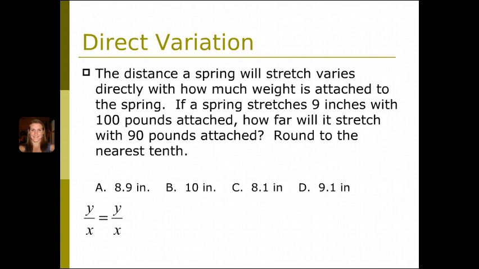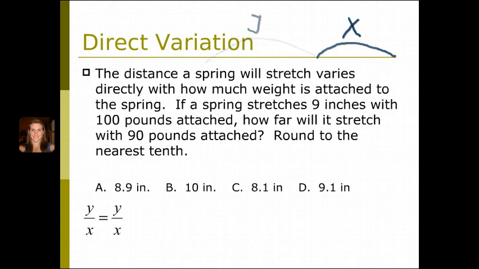In direct variation, you must find your keyword, varies directly. Whatever comes before varies directly is your y in the problem, and whatever comes after varies directly, that you're comparing, is your x value.